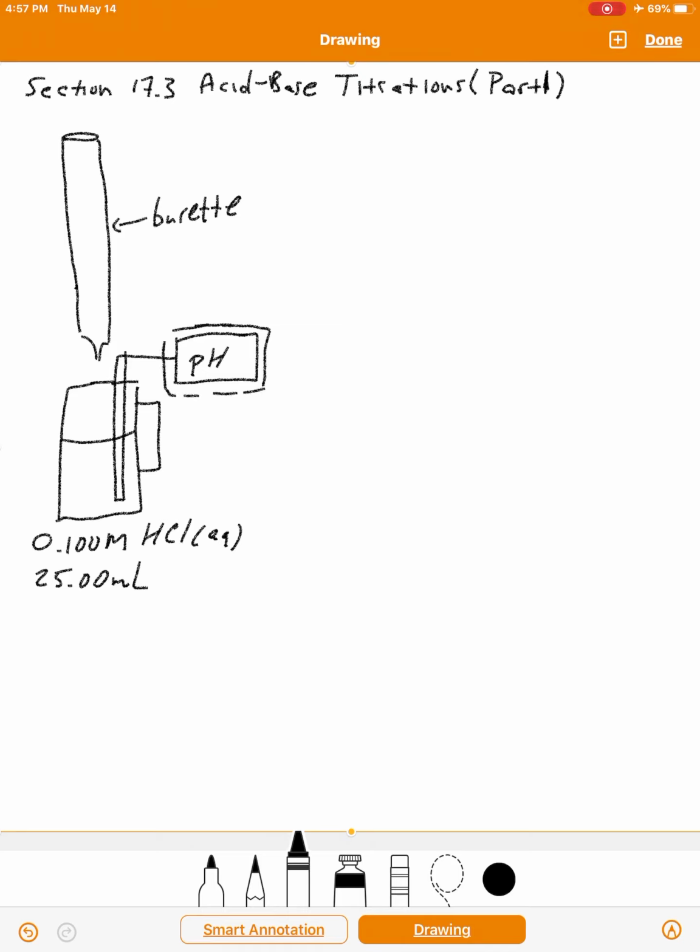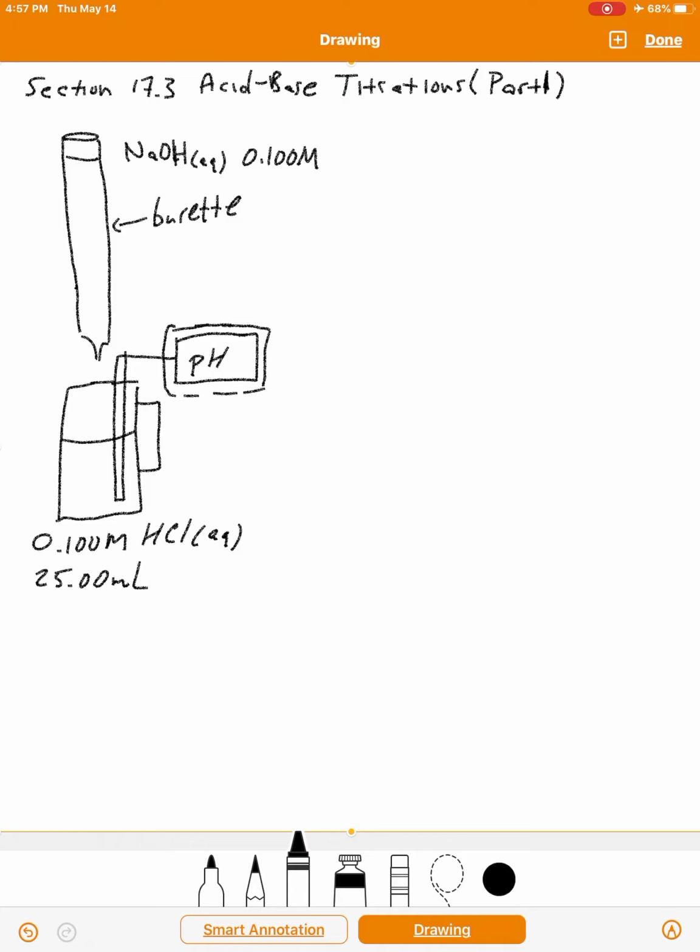These devices are commercially available. So we have a pH probe inside there, and then in the burette, we're going to fill that up with sodium hydroxide. And for this example, we'll make the numbers easy. We'll make it 0.100 molar. Okay, same concentrations of each of them.